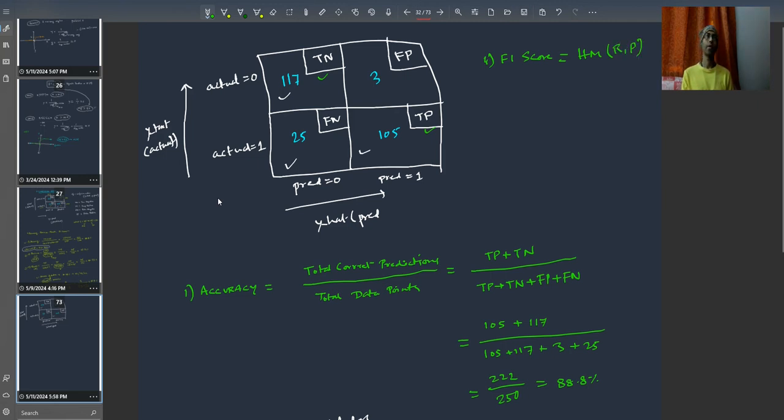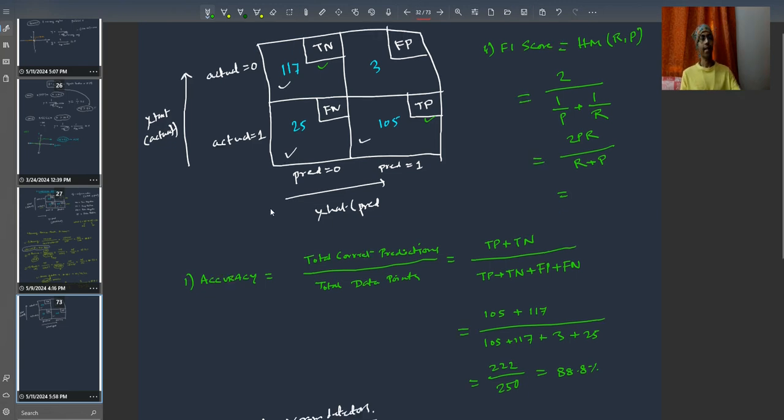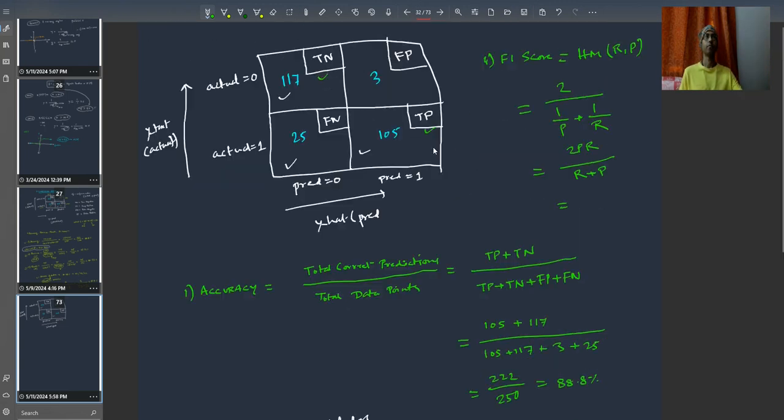So how do we calculate this? This is equal to 2 by 1 by precision plus 1 by recall, which means this is equal to 2 precision multiplied by recall divided by recall plus precision. In our case, the value will come to be, so the numerator is coming to be 1.57.